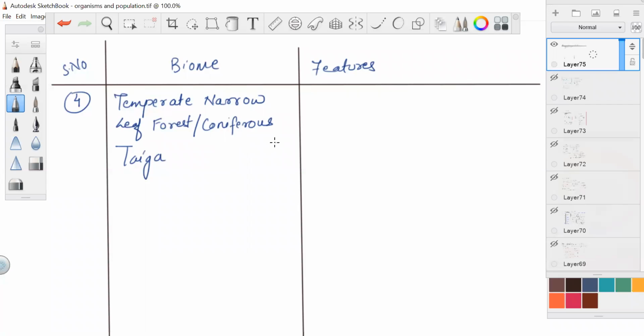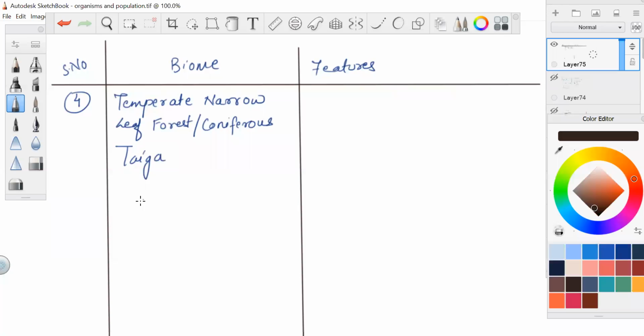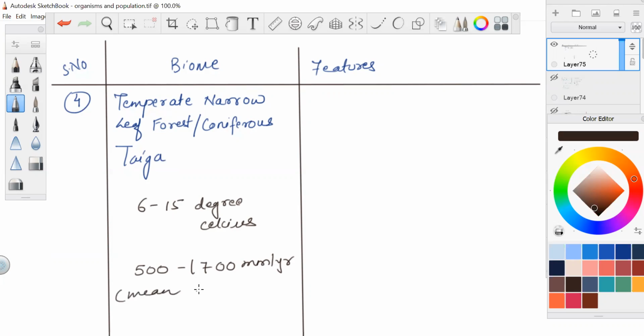Here what you see, the temperature is ranging between 6 to 15 degrees Celsius. And the precipitation is 500 to 1700 millimeter per year, mean annual precipitation.